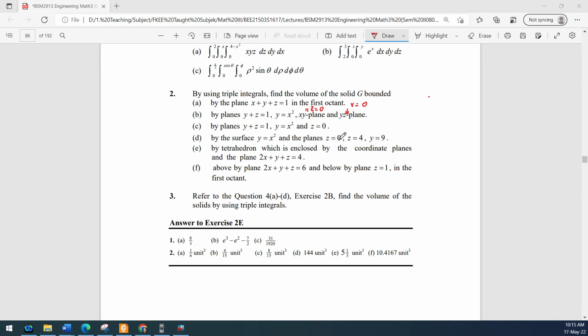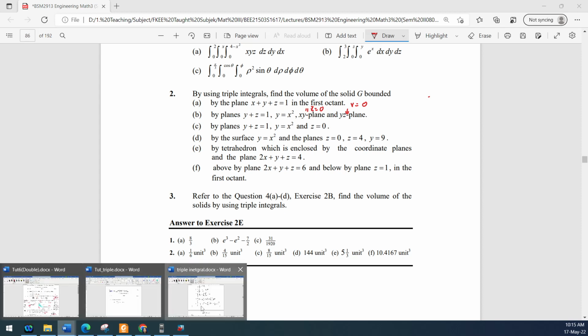We already have the limit of z from 0 to 4, so you use dz, and then y equal to x squared. So the limit of y is from x squared until y equal to 9. So x from -3 to +3. Not mistaken. Let me see.